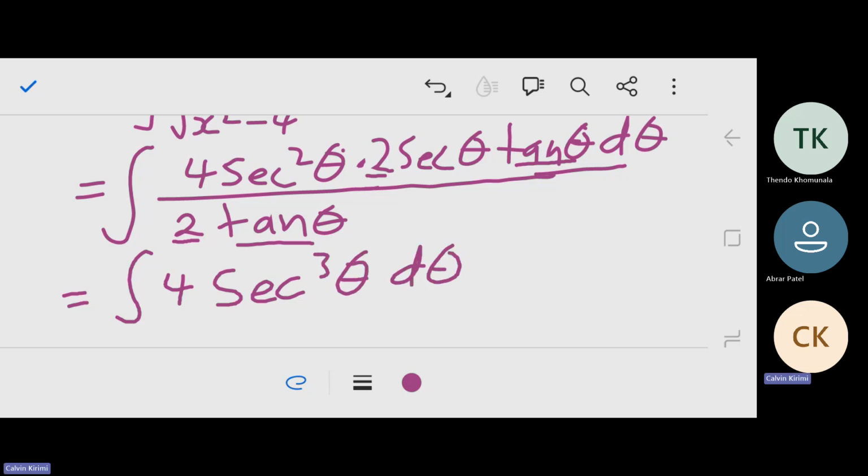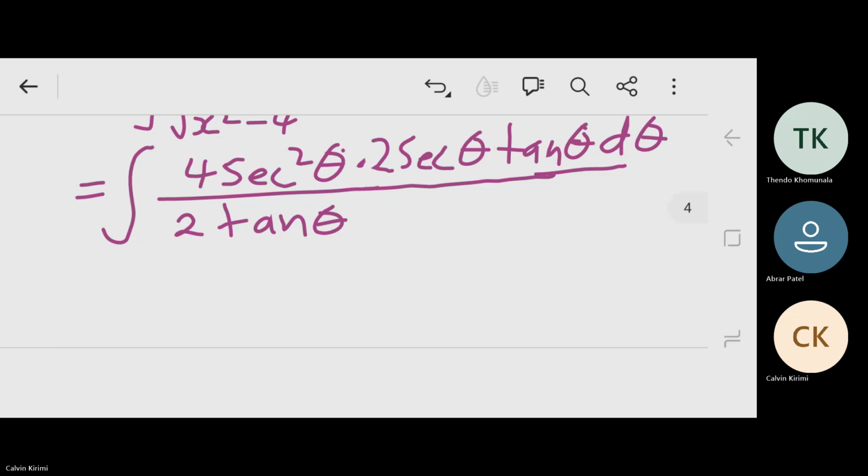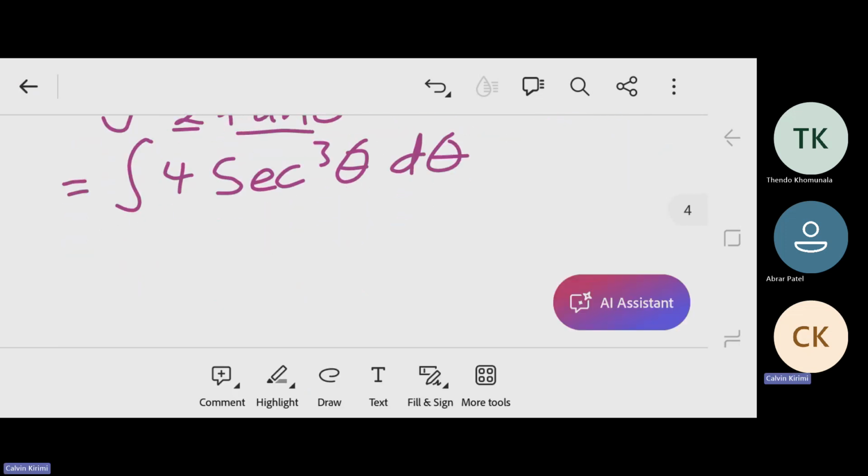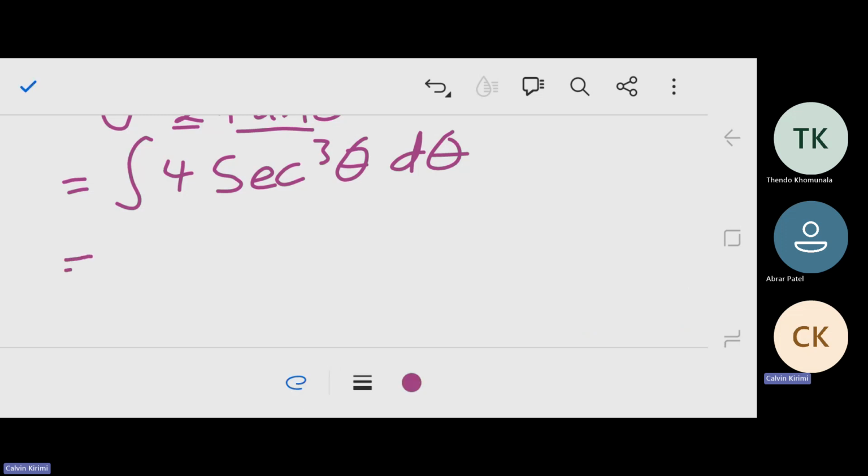So that will be our value which we want to integrate. Then you can take out the constant outside of the integral, which means it's equal to 4 multiplied by the integral of secant cubed theta.